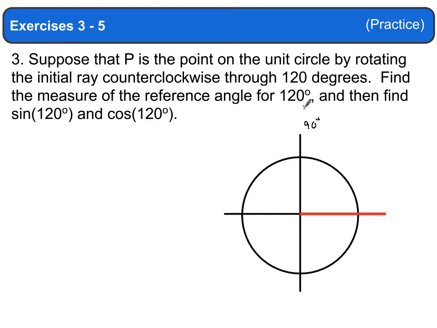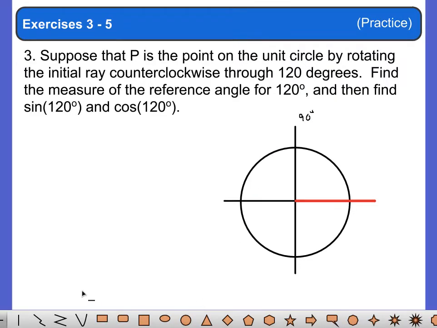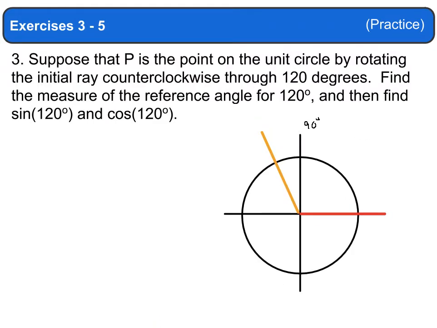120 is 30 degrees more than 90. So that means my terminal ray is going to open up right there. That means that this angle right here is 120 degrees. But what I need is a reference angle.